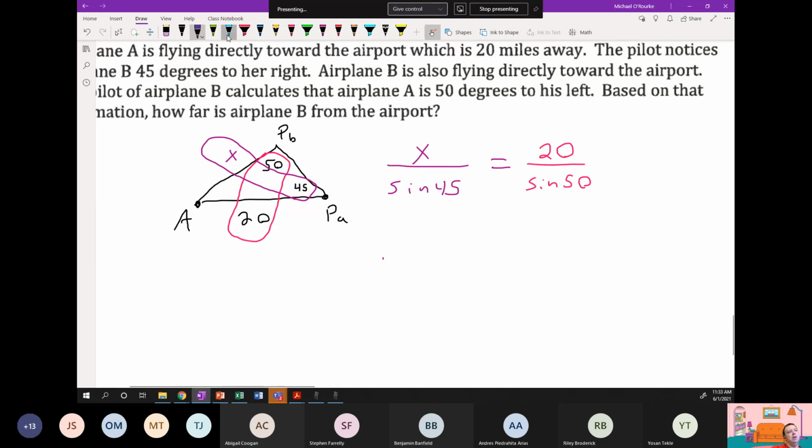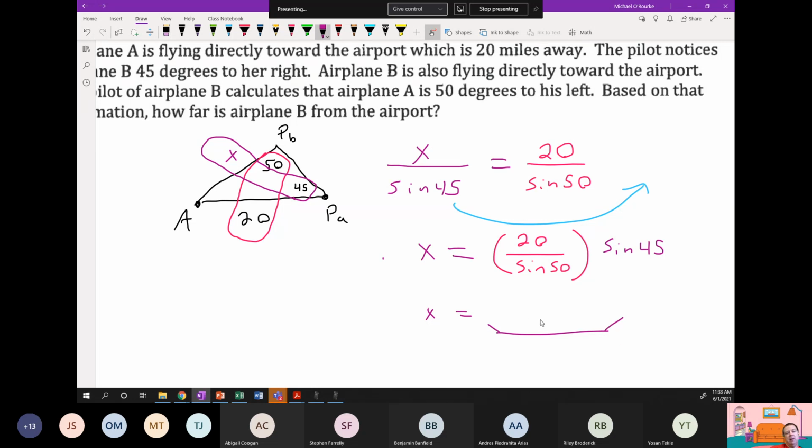And then we bring this over because we want to isolate for x. So that leaves us x equals bracket 20 over sine 50 times sine 45. So it's the exact same math we did yesterday. So I'm going to leave you guys to find this answer.